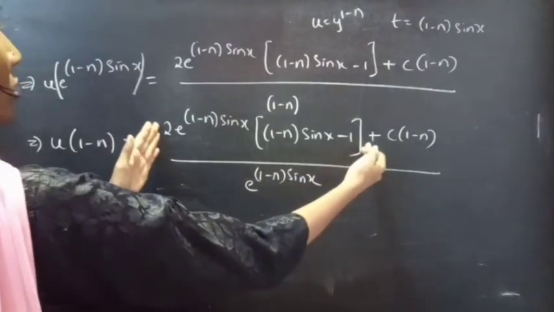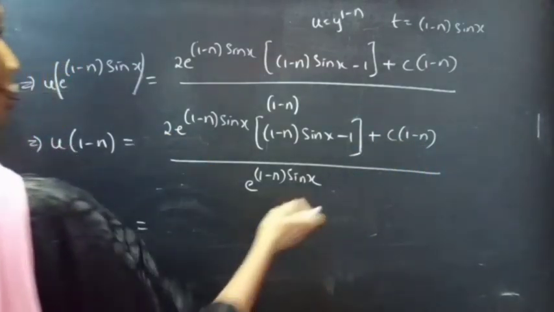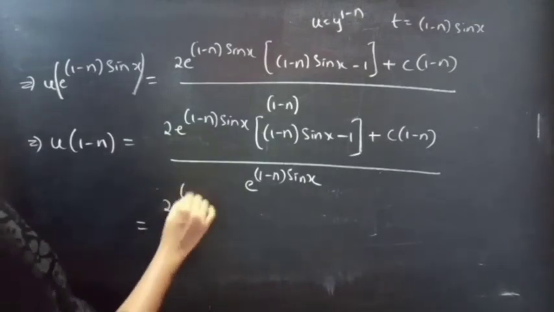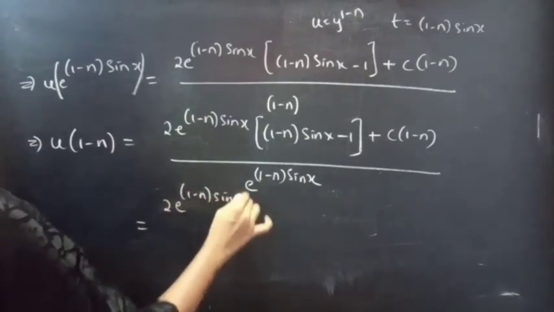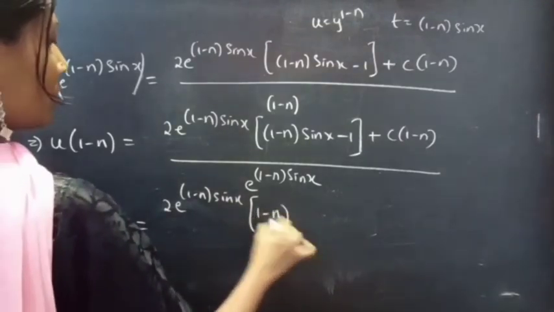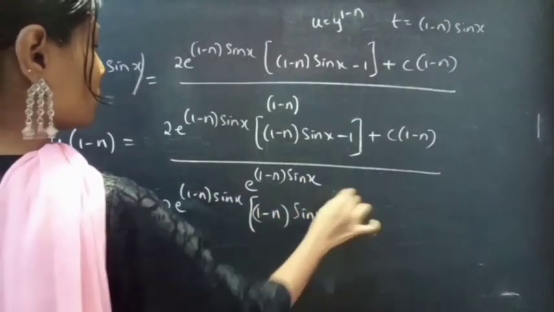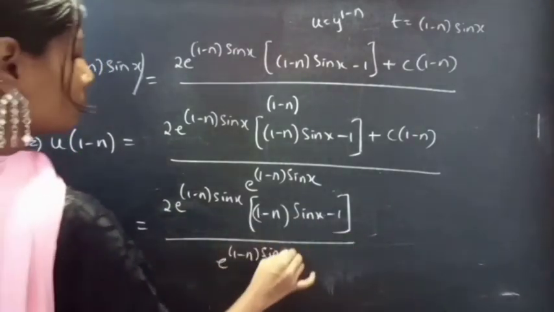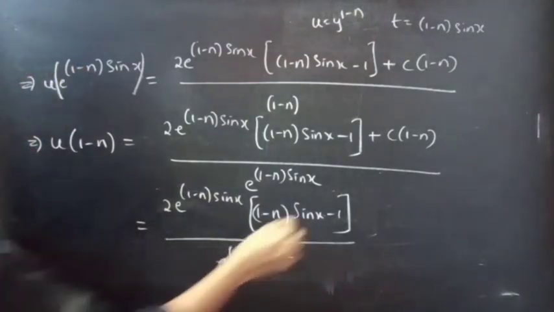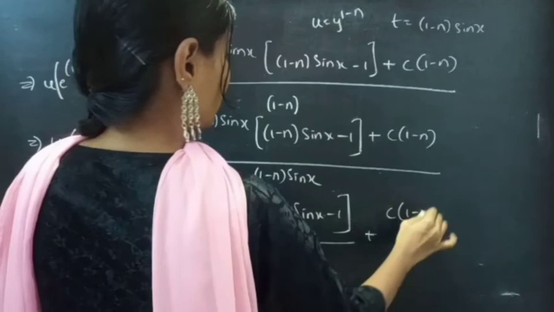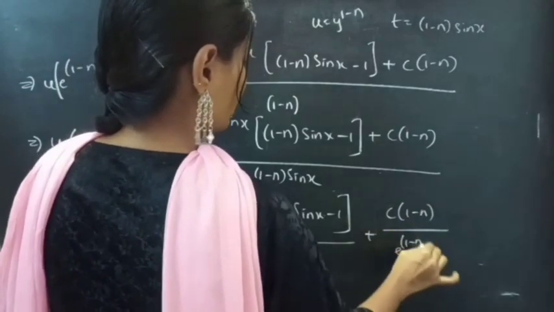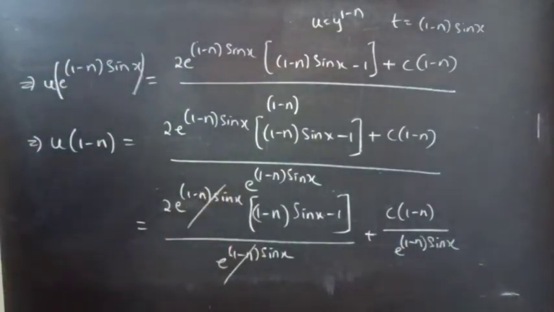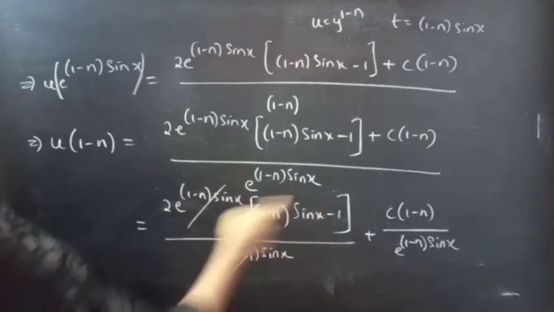So in the numerator of RHS, you're having two terms, and in the denominator, you're having one term. So we can split the total expression into two terms. You'll get 2 e power 1 minus n into sin x into 1 minus n into sin x minus 1 by e power 1 minus n into sin x plus c into 1 minus n by e power 1 minus n into sin x. So here e power 1 minus n sin x gets cancelled from the first term of RHS.